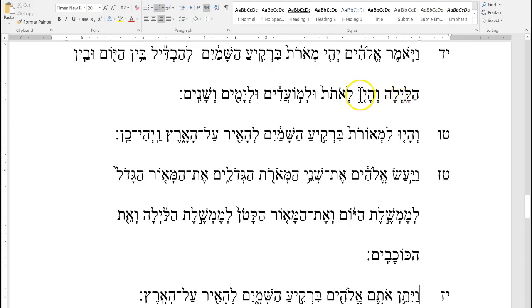Va hayu, and let them be, la otot, let them be for signs. Ul moedim is our vocabulary word, and for seasons. Ul yamim, and for days. Ve shanim, and years. So let them be signs. Somehow they're symbolic, and they mark the seasons, and they mark the days and years.